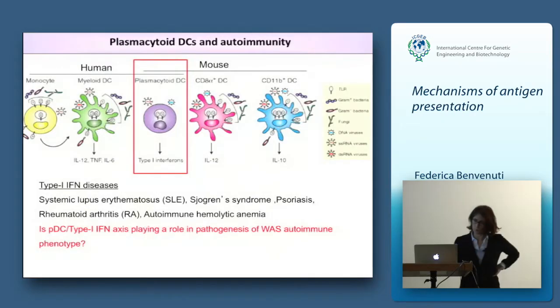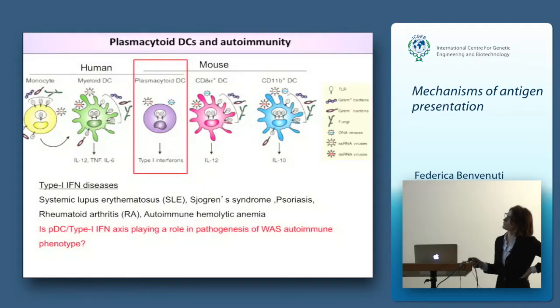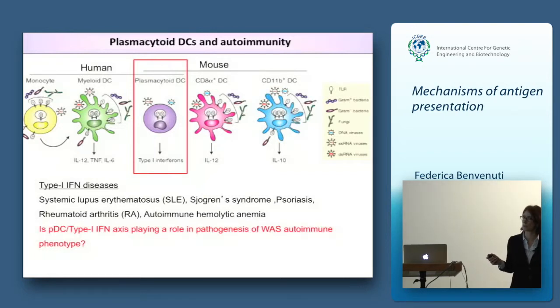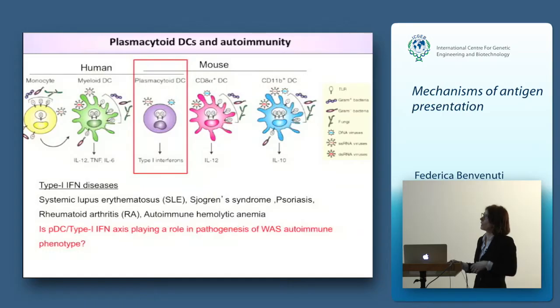A second and quite different aspect of the disease that we studied is the role of plasmacytoid dendritic cells in the development of autoimmunity. This syndrome is basically an immunodeficiency, but kids also have a high frequency of autoimmune phenomena, and this aspect is the least understood aspect of the disease in terms of its pathology.